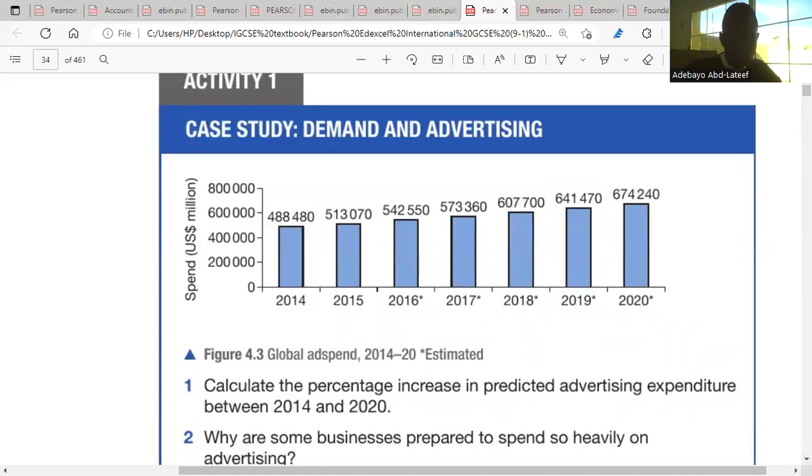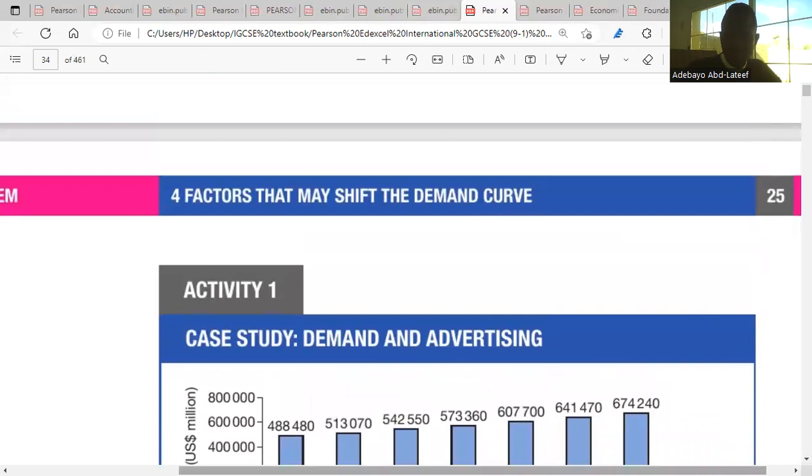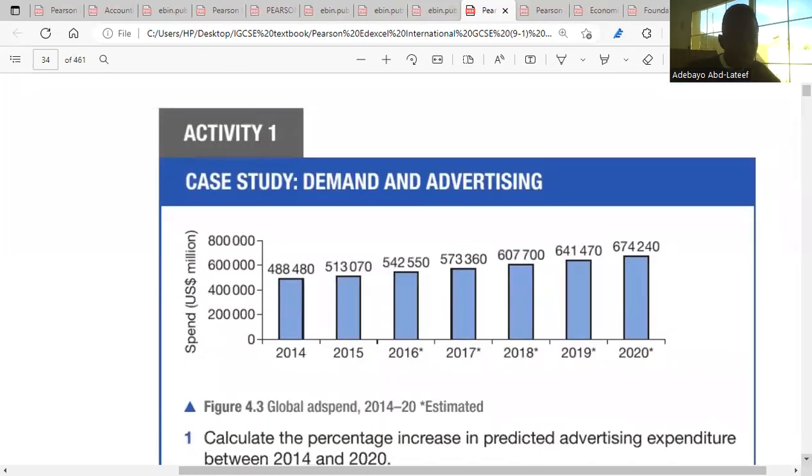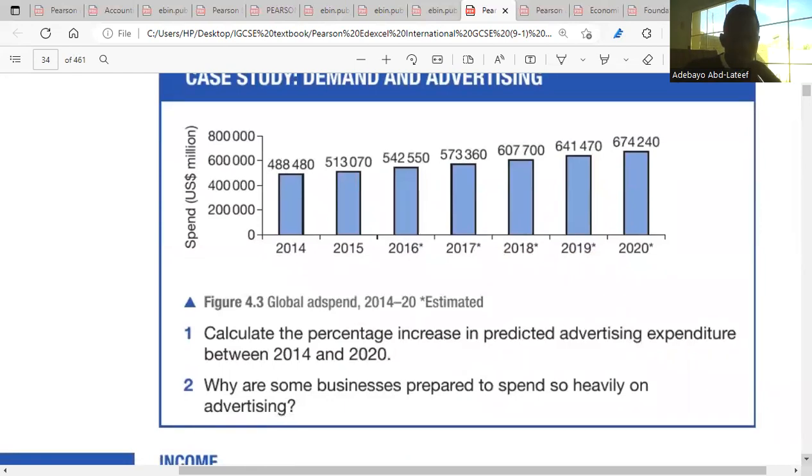we have an activity to get done. Look at the activity here. They said the case study, demand and advertising. This is the estimated global ad spend from 2014 to 2020. For 2014, we have 488,480 million, and 674,240 in 2020.